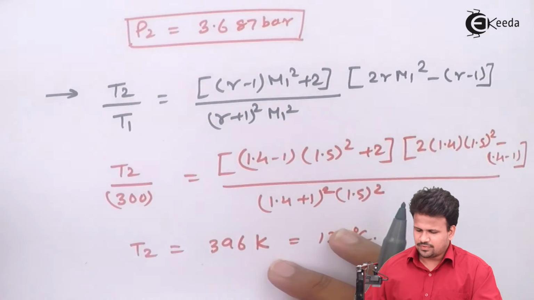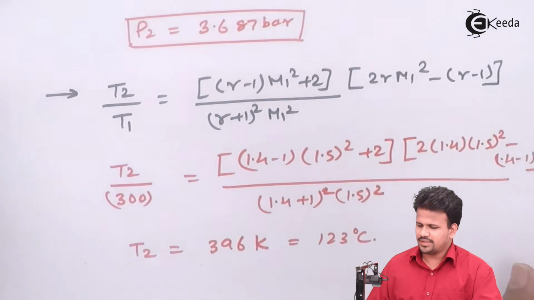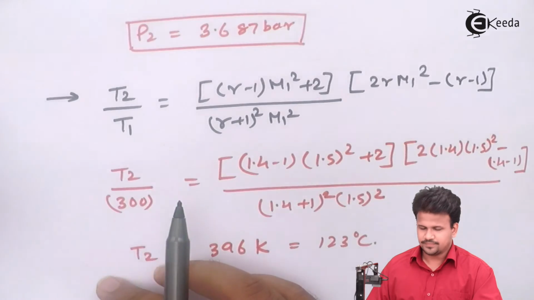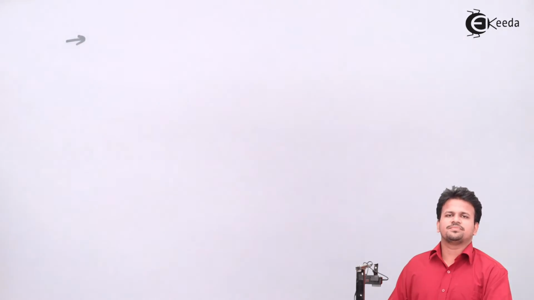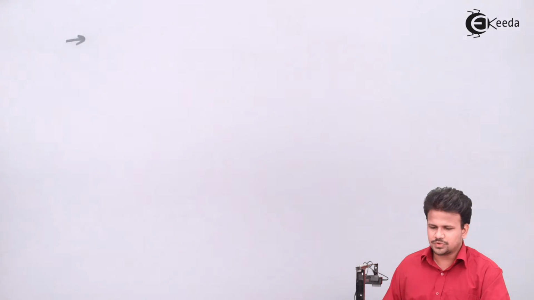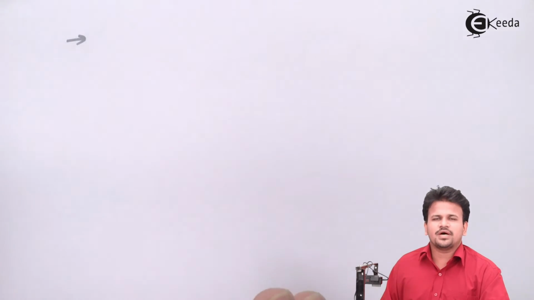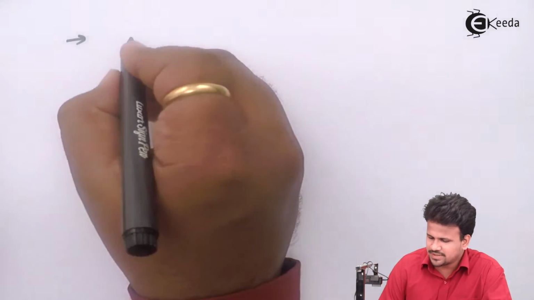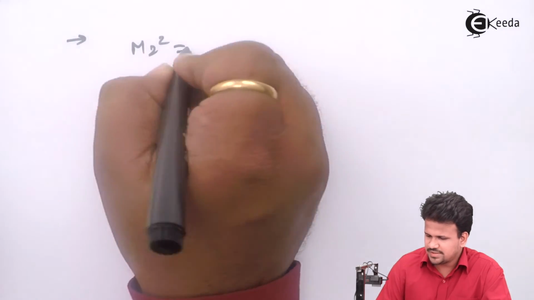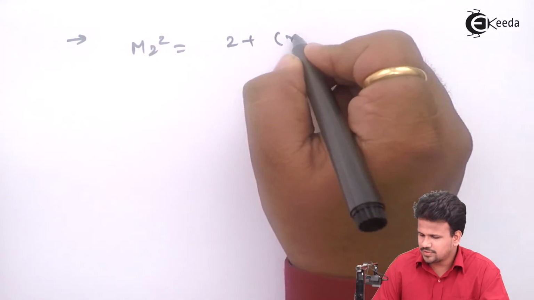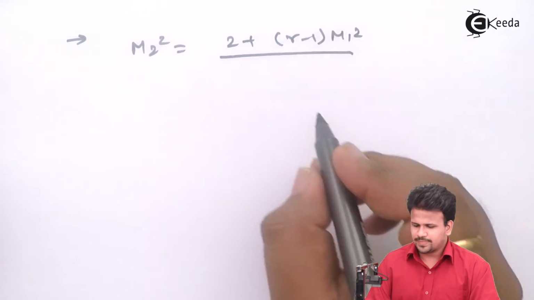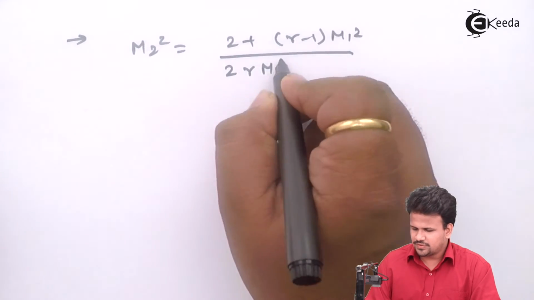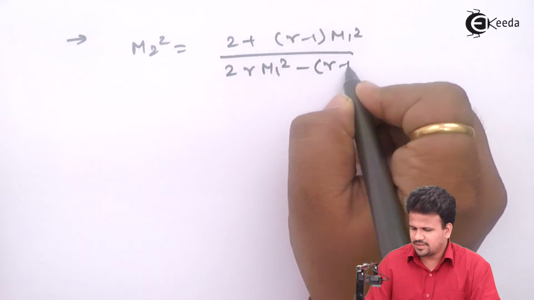Now let us calculate the Mach number at the outlet, in the downstream. The Mach number in the downstream is given by the relationship between Mach number 1 and Mach number 2: M2 square is equal to ((gamma minus 1) into M1 square plus 2) upon (2 gamma M1 square minus (gamma minus 1)).